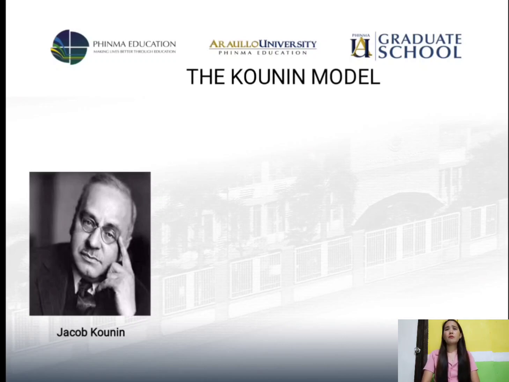Koenen identified specific techniques that help and hinder classroom discipline. According to him, the method used, not the teacher's personality, is the most crucial aspect in the classroom management of students' behavior. In his book, Discipline and Group Management in Classrooms, he focuses on preventive discipline.